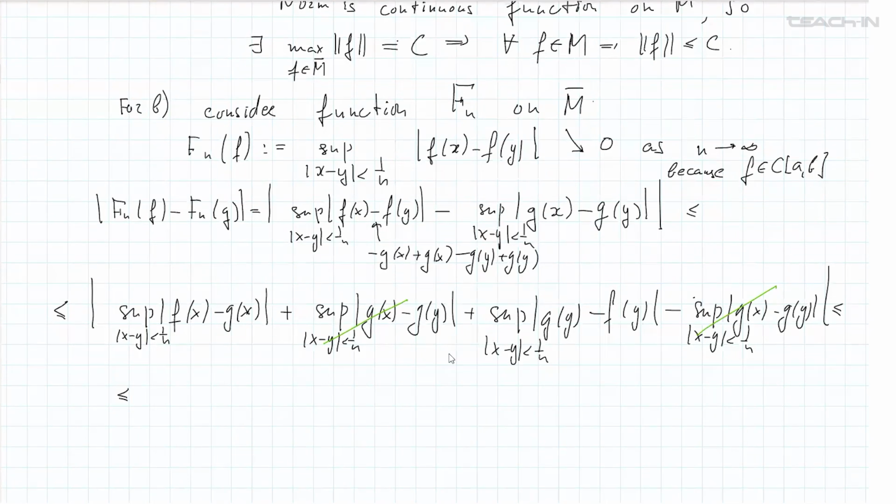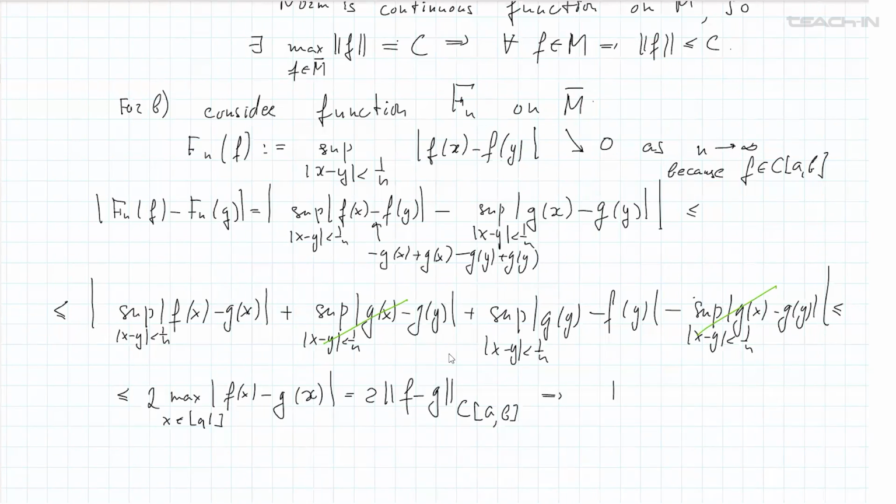And of course, it can be estimated by 2 times the maximum of f of x minus g of x while x lies in AB. It's just 2 times the norm in C(AB). So it means that our functions f_n are continuous.